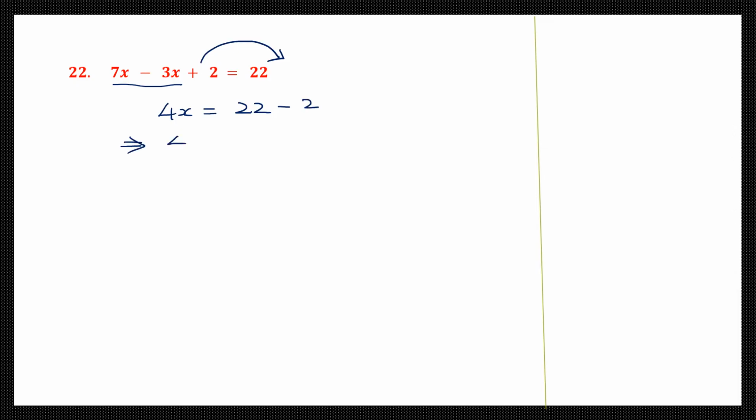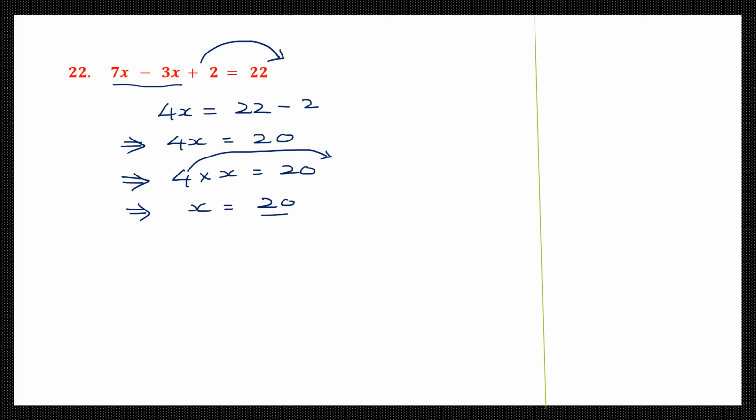So to solve for x, first we write 4x equals 22 minus 2 is 20. 4x means 4 into x is 20. That means x is equal to 20. When I transpose 4 to the other side, it becomes division. So 20 divided by 4, 4 5s are 20. So we have solved for x. x is equal to 5.